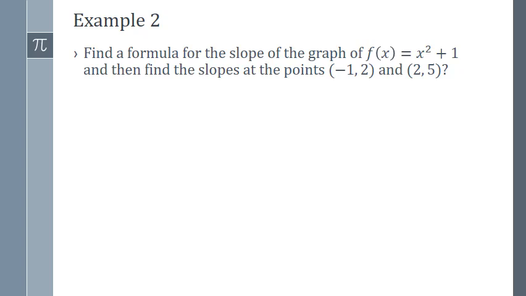All right, so for example 2, just find the formula for the slope of the graph of f of x equals x squared plus 1, and then find the slopes at the points negative 1, 2, and 2, 5.